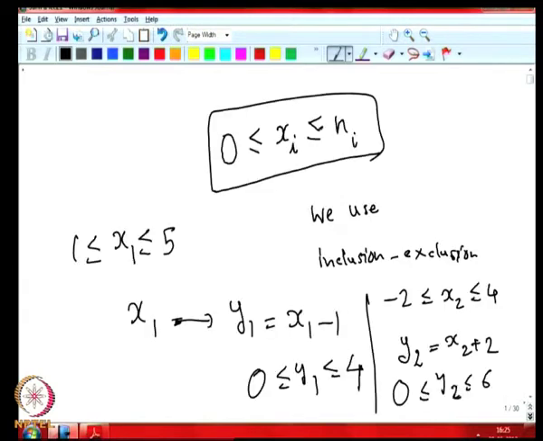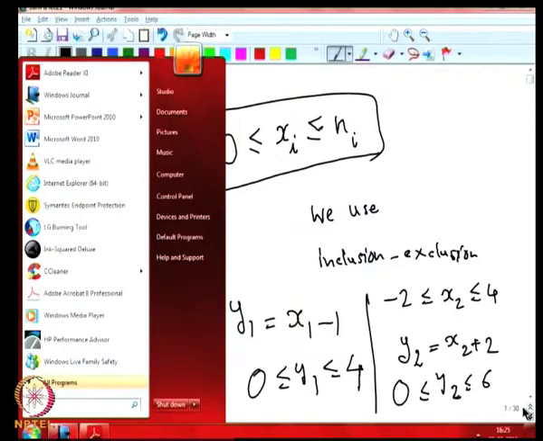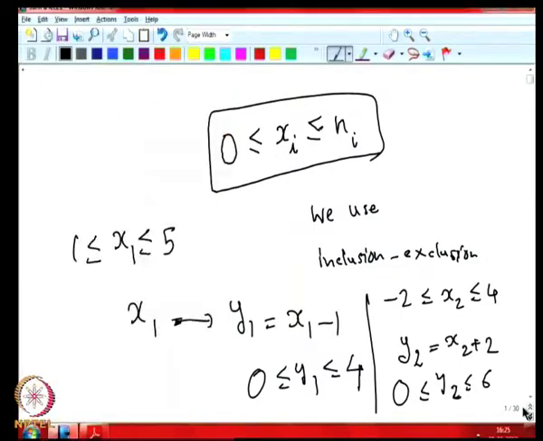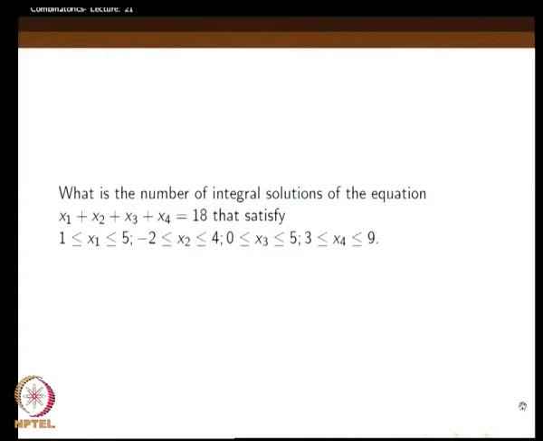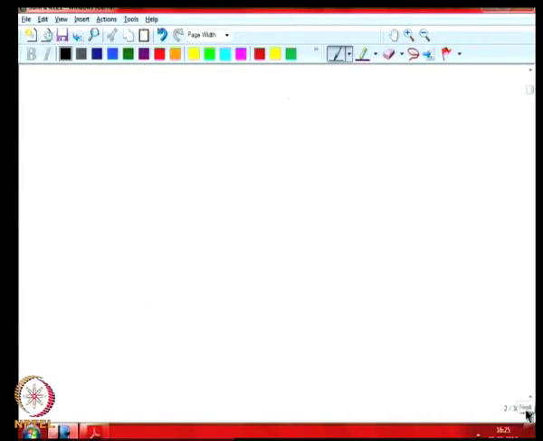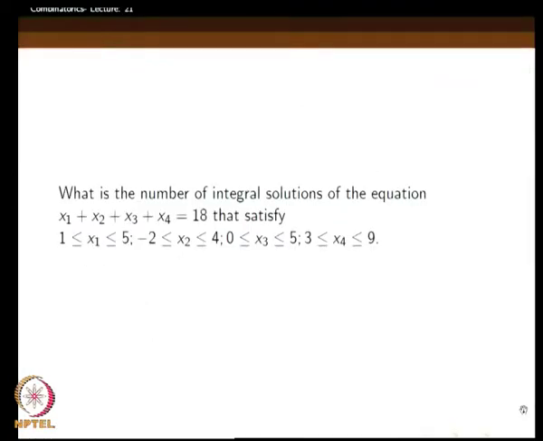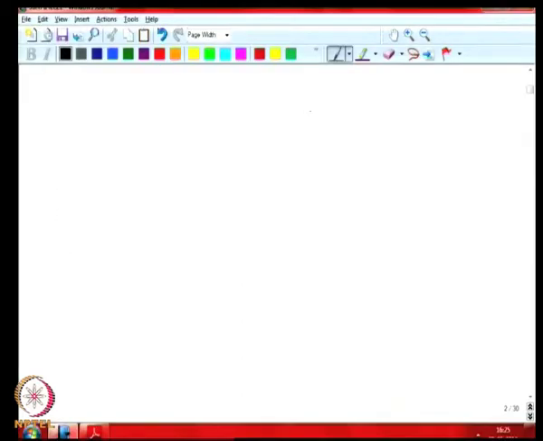Similarly, next, x3 is in between 0 and 5, that is fine, and x4 is in between 3 and 9. So, we will introduce y4, which will be x4 minus 3.